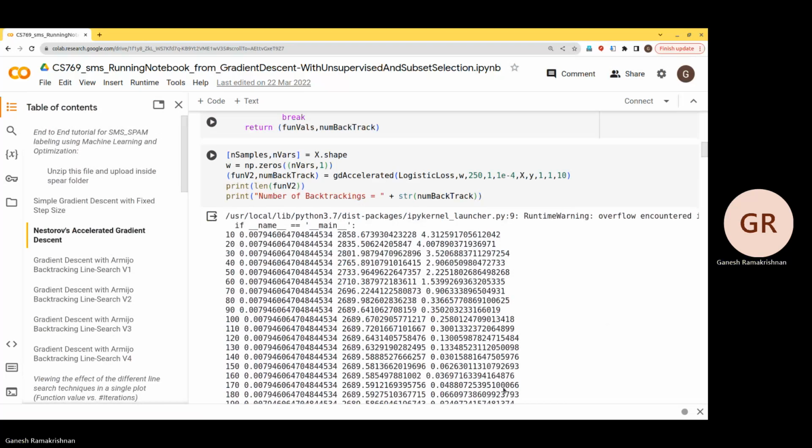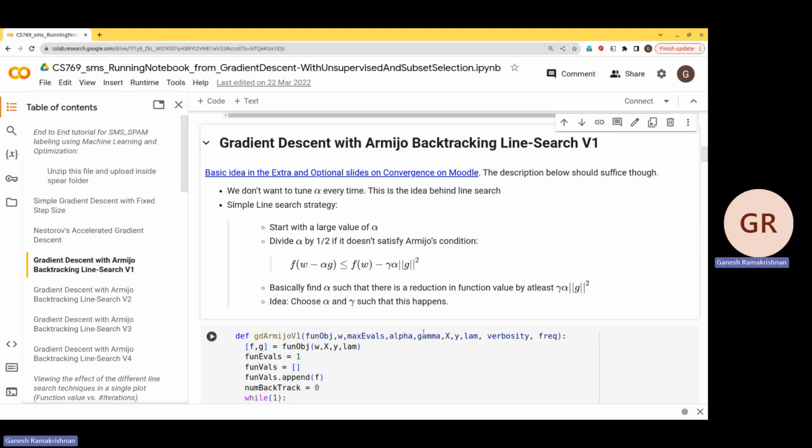So then we are going to show how gradient descent with RMO backtracking line search works. I've given the idea, as I said, they largely correspond to sufficient decrease. So start with a large value of alpha, keep dividing it by 2, so that there is a sufficient decrease in f of w minus alpha g, where g is the gradient, right?